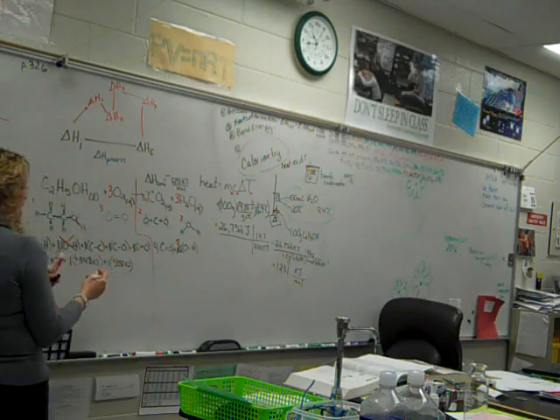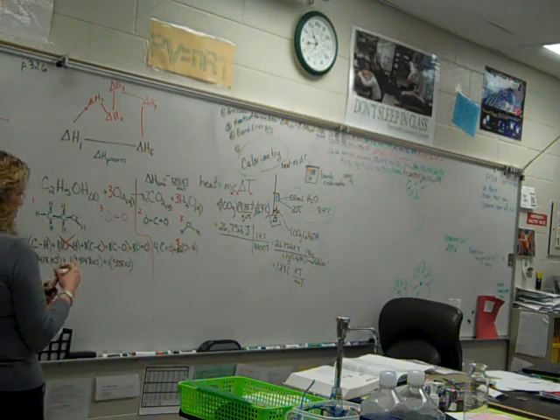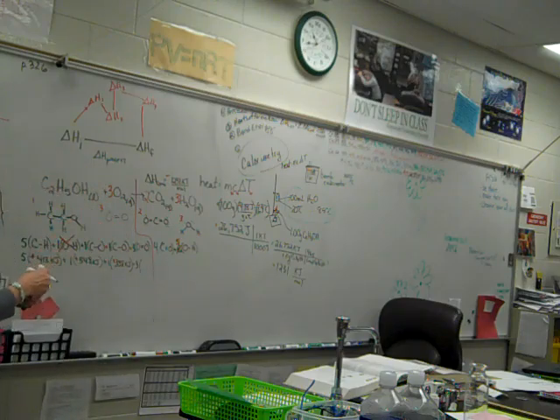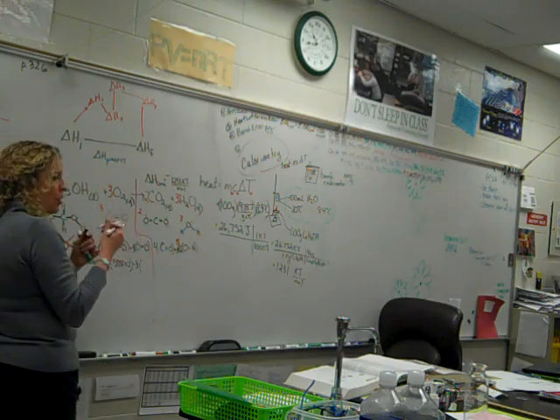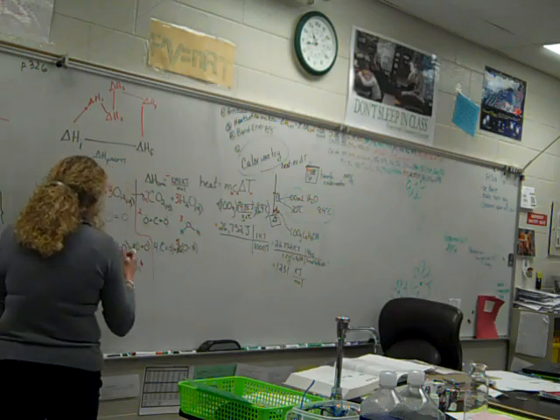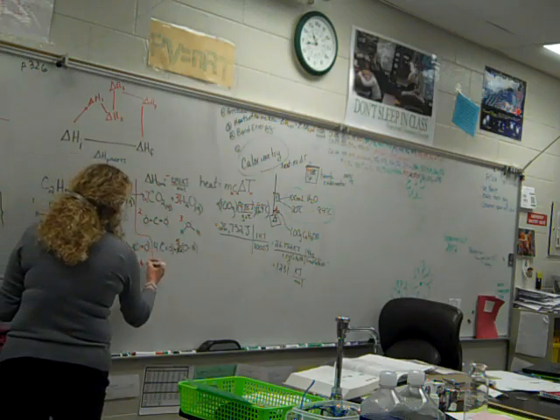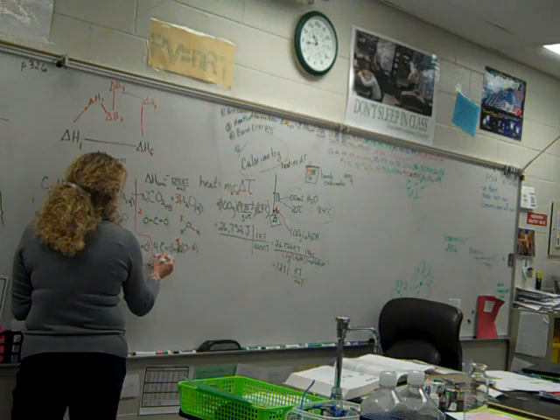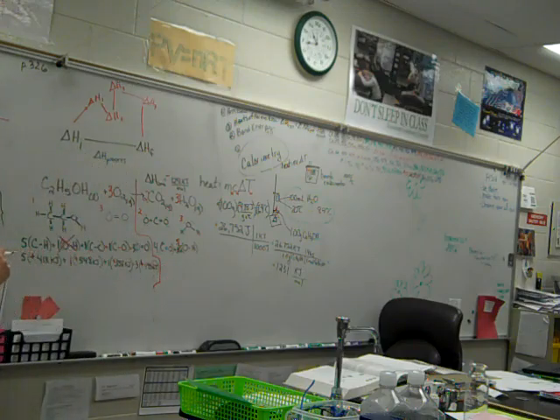And last but not least, the O double bond O. 495. If you notice on your chart, they choose to not write O double bond O, they write O2, don't they? O double bond O acts differently in other settings, okay? So it's 495. Okay, so those are our reactant bonds.